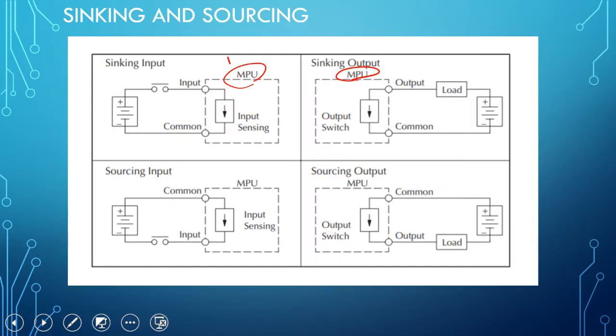So this right here will be your physical input point. Just imagine this is X0 right here. Notice that I'm applying the positive voltage on this side, and the PLC is providing that path back to 0 volts DC. How does it do it? It does it through the switch.